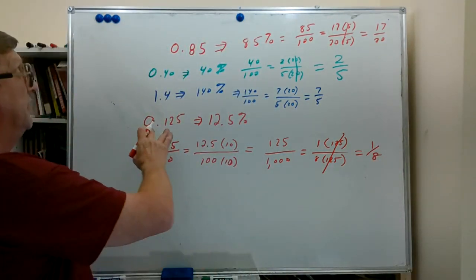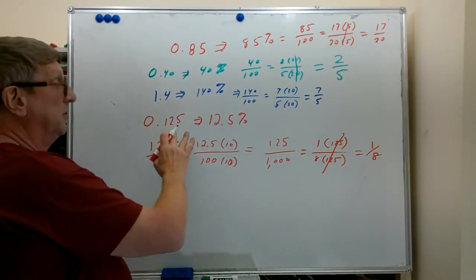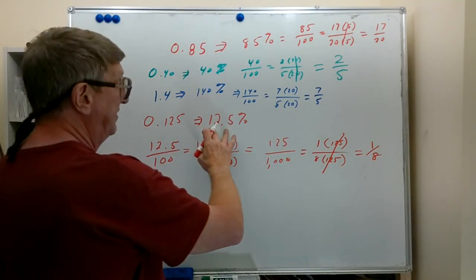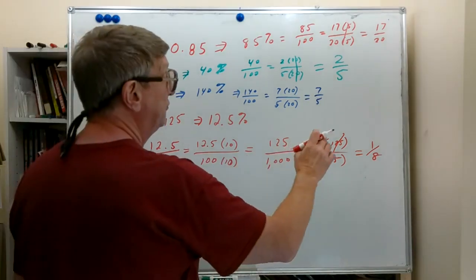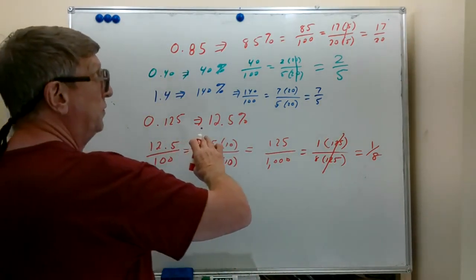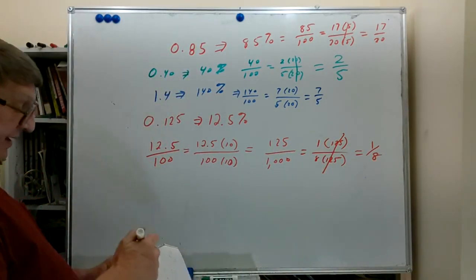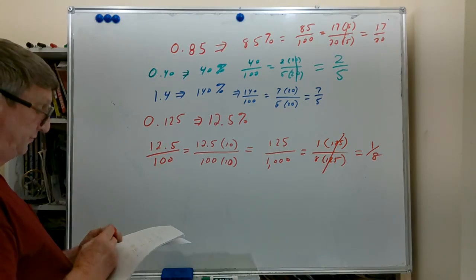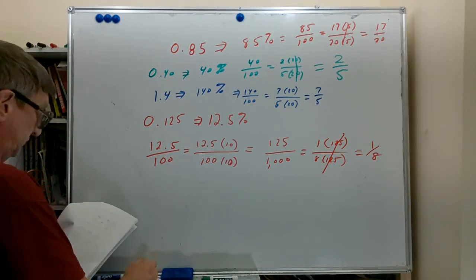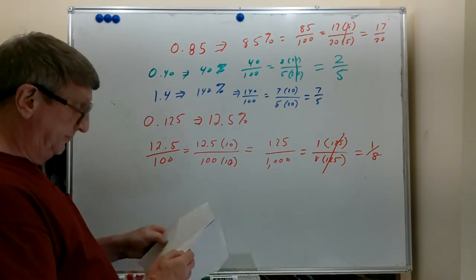So we found that 0.125 as a decimal was 12.5%. We converted it to a fraction, 12.5 over 100. When we reduced the fraction, we found that was equal to 1/8. And we will move on, do the next piece here.